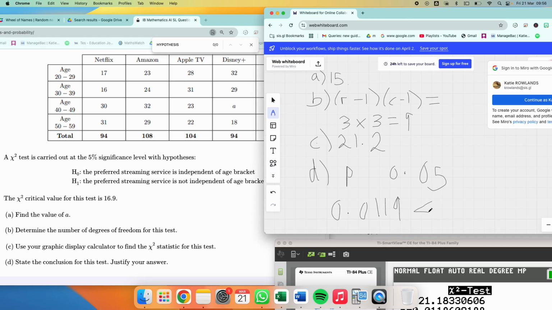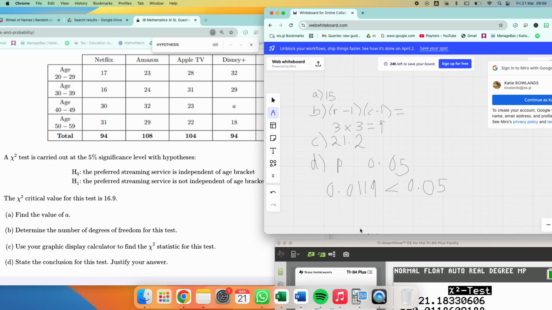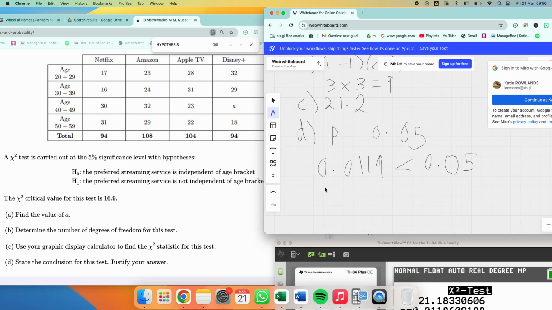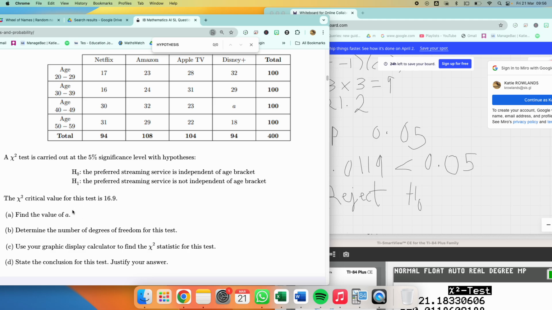You can see that p is small. So p is small. We reject the null hypothesis. We reject H0. So if we're rejecting H0, this means they're not independent, they are dependent. There's another way you can conclude the test as well, which is comparing the critical and the calculated value. There we go. The critical value is 16.9.